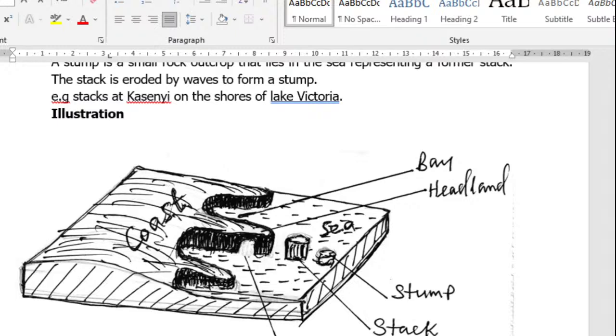Which of the following coastal landforms is a result of wave erosion? And then they will bring one landform which is due to wave erosion and others which are due to other processes, like sea level changes that we have talked about, or wave deposition, or coral reefs. So somebody would identify any one of these.